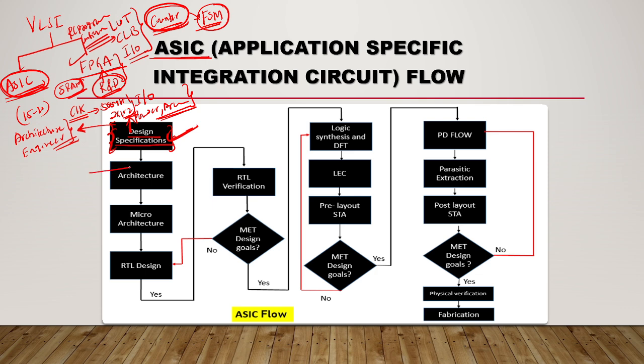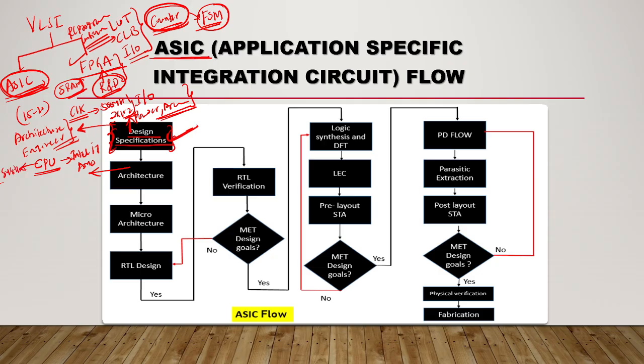Suppose, for example, you are making a CPU, that means a CPU IC. Let us take the Intel i7 processor, or an AMD processor like Ryzen 7 or Ryzen 5. So this is the architectural level. That means this is a system.